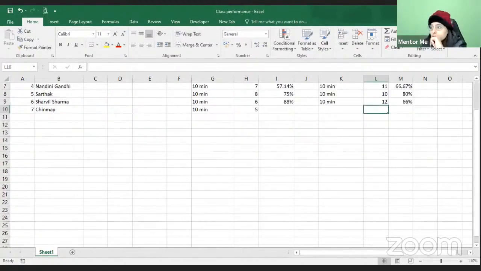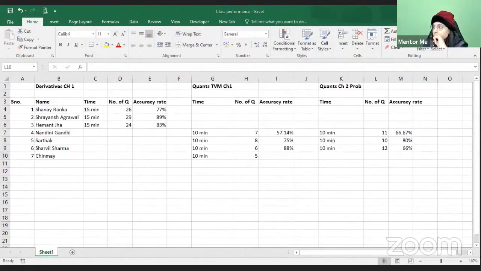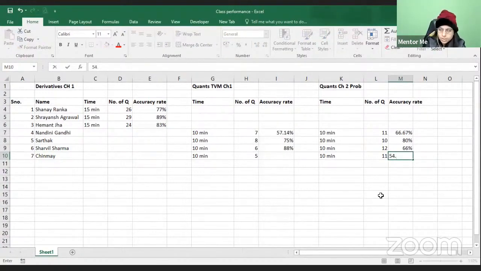Okay, so these are 3. What about the others? Okay, Chinmay, 10 minutes, 6 correct out of 11. So 11 attempted and accuracy is 54.55%. Okay.